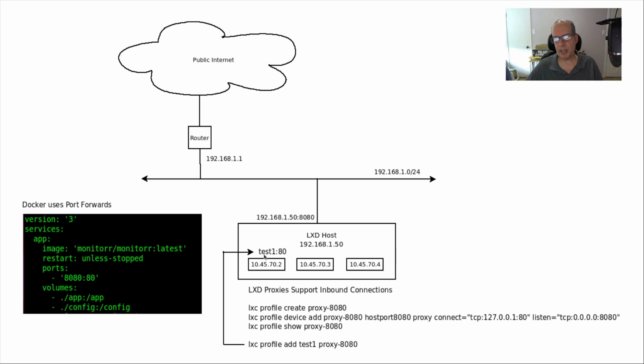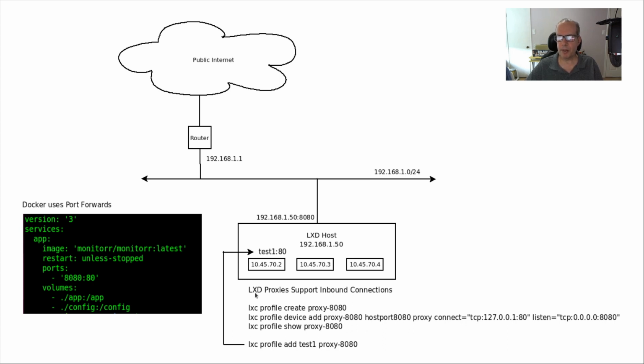Let's say we have a container that had an application and the container's name is test1 and used port 80. And our goal was to proxy that port 80 over to port 8080, which is the same thing that we'd be doing in Docker, except here with the LXD container.